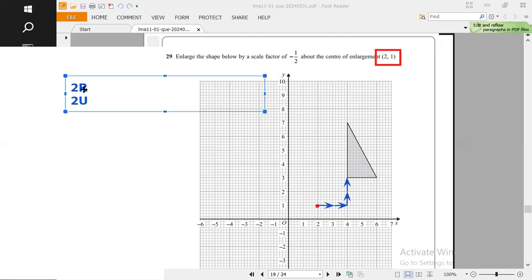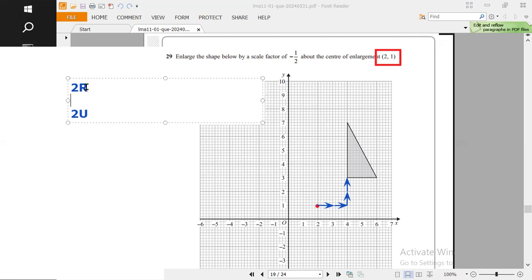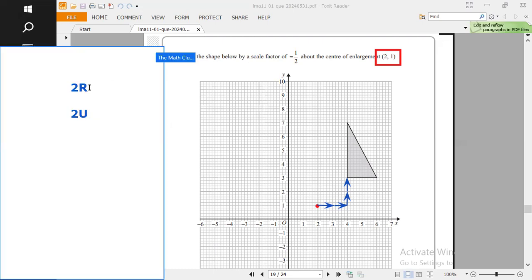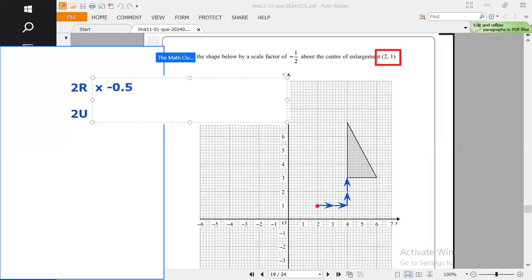First, let's make some space between them, like this. So 2 right times negative half, or negative 1 over 2, or negative 0.5, same idea. I'm going to multiply this by negative 0.5, and multiply this by negative 0.5.